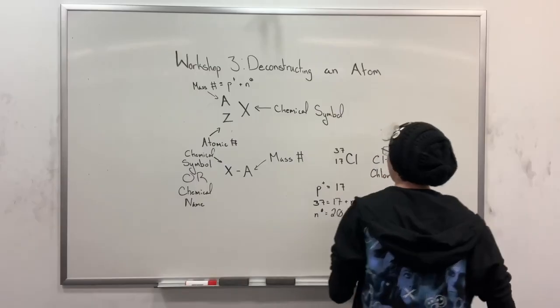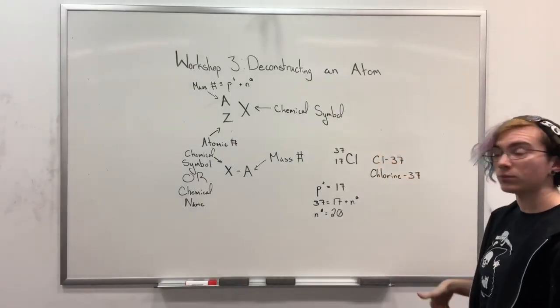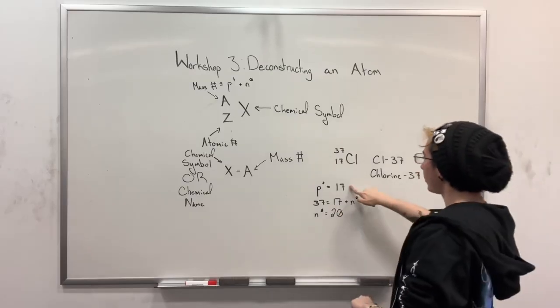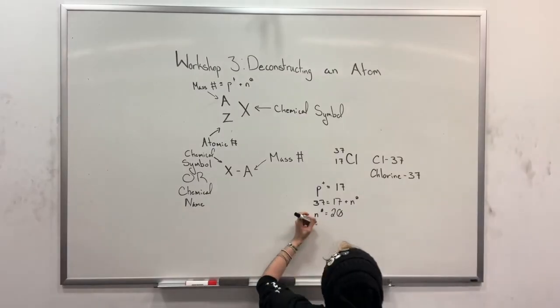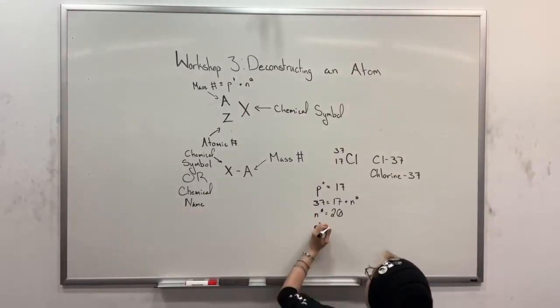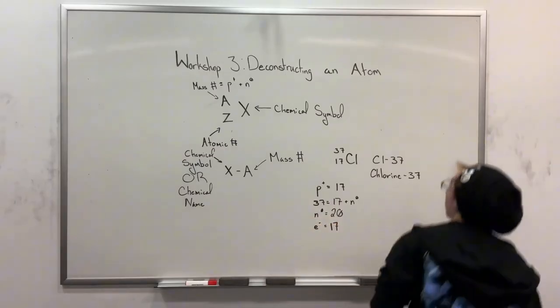And now this element has no charge to it, it's a neutral atom, so we know it has to have an equal number of protons to electrons. So if we have 17 protons, we also have, I'm going to denote this as E minus, we also have 17 electrons.